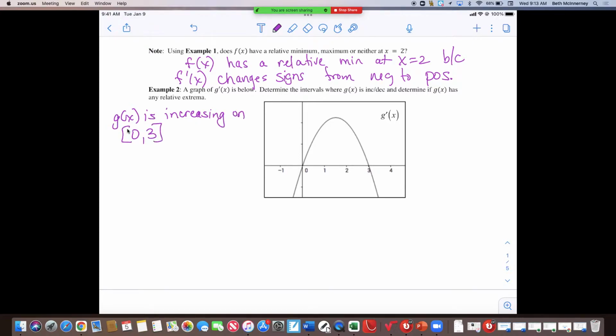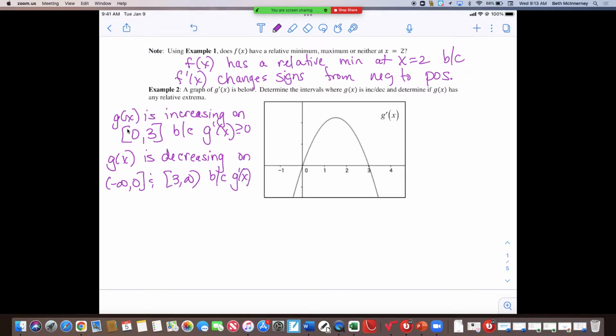Yep, because g prime of x is greater than or equal to 0. All right, Logan, where is g of x decreasing? Good job. Because g prime of x is less than or equal to 0.